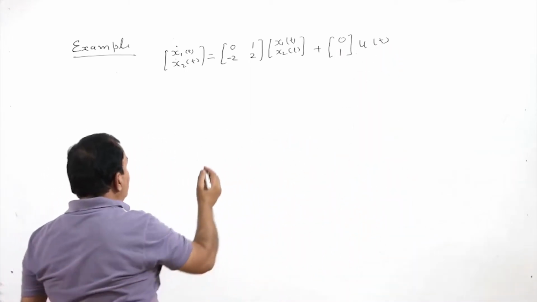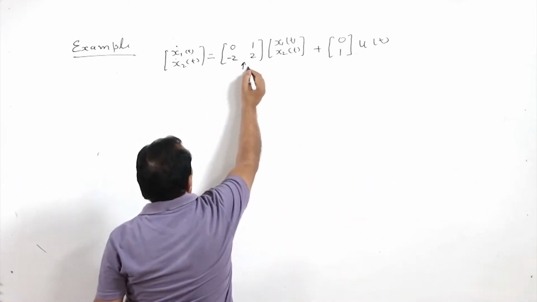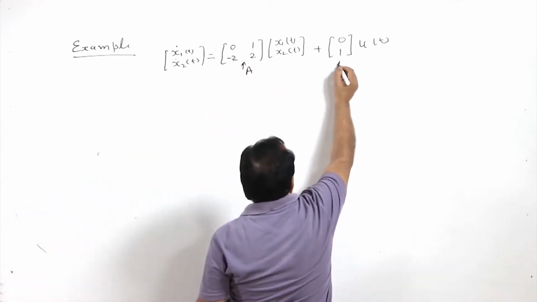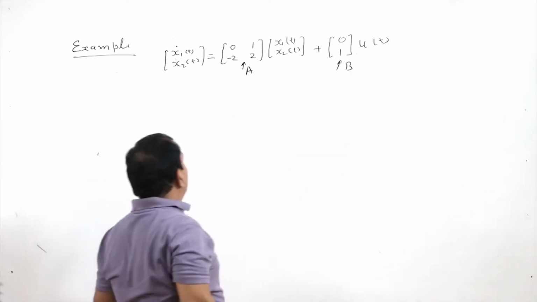So, this is my system, this is my matrix A, this is my matrix B.